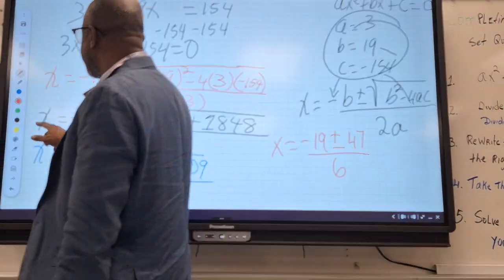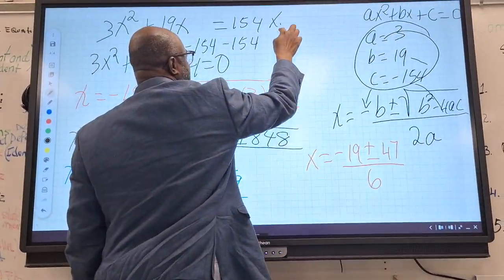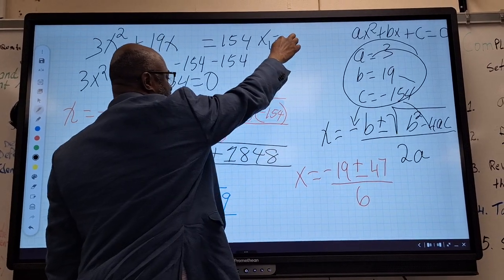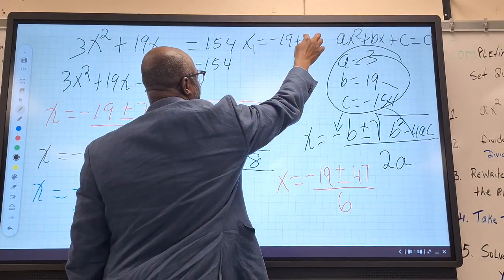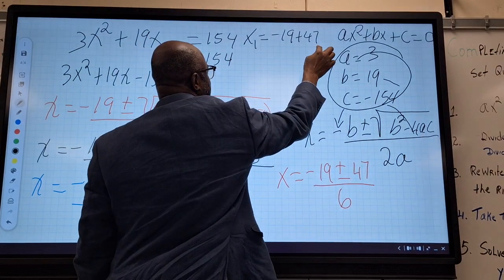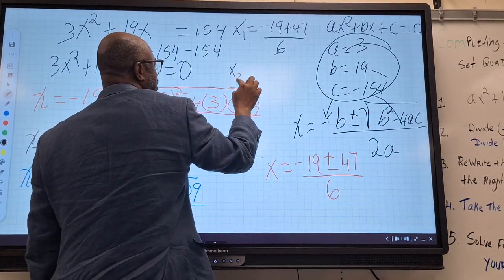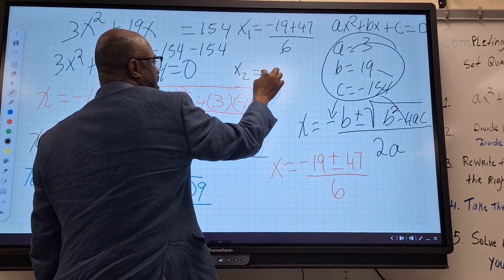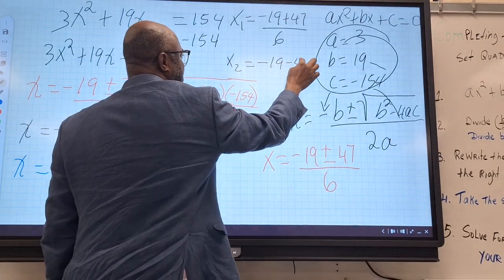So how will you find the first answer? The first one is x1 equal negative 19 plus 47, over 6. That will give you the first answer. How will you find the second one? That will be negative 19 minus 47, over 6.